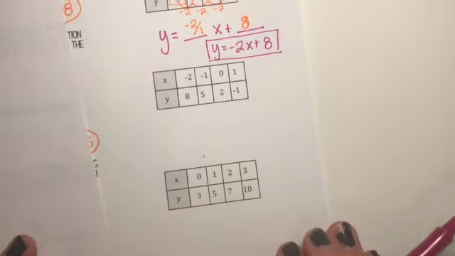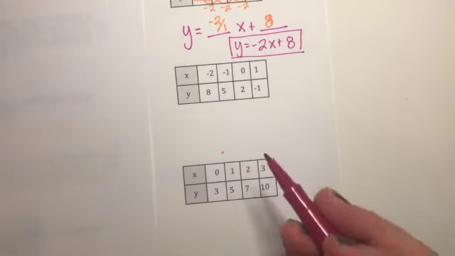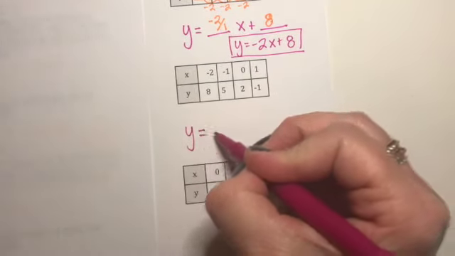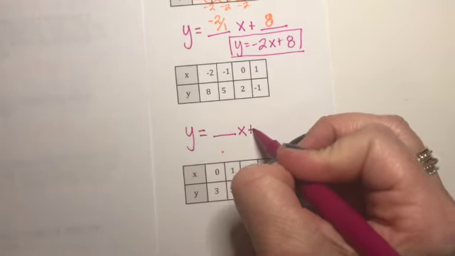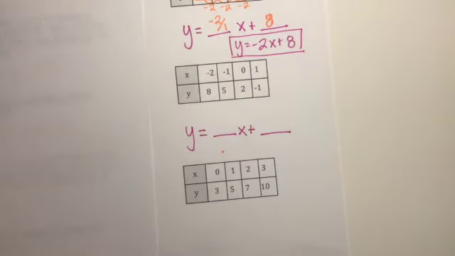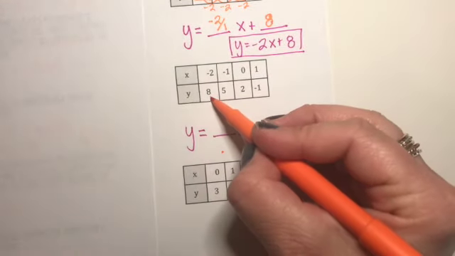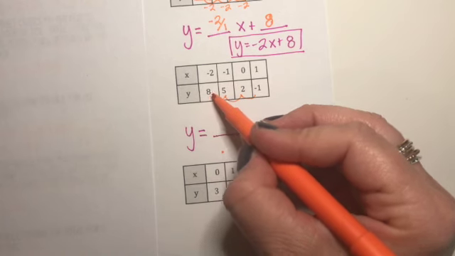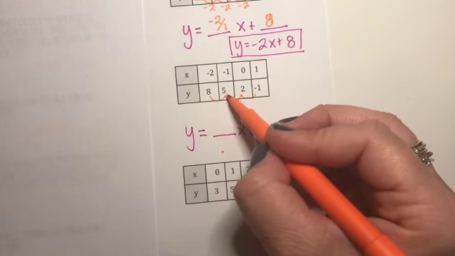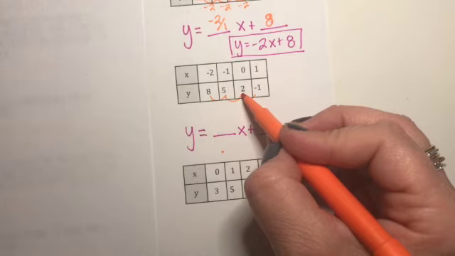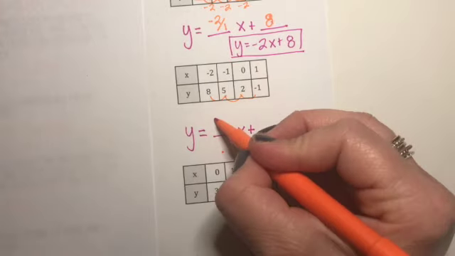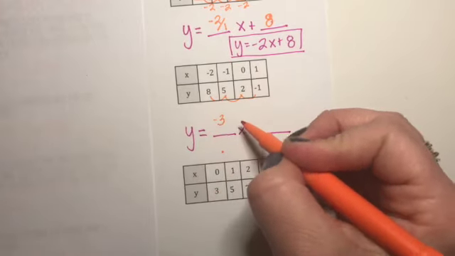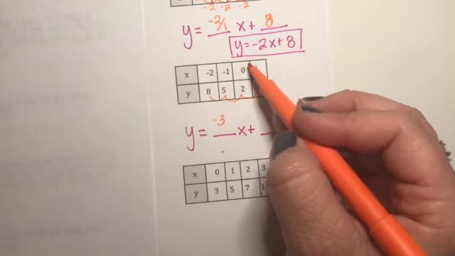Okay, so look at this next one. It's the same, y equals blank x plus blank. And to figure out what goes in the first blank, it's change in y over change in x. So what's happening to your y every time? If you're going from 8 to 5, that's down 3. 5 to 2 is down 3. 2 to negative 1, so it's going down 3. And then what's happening to our x?